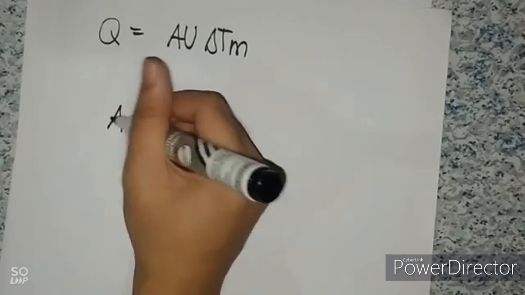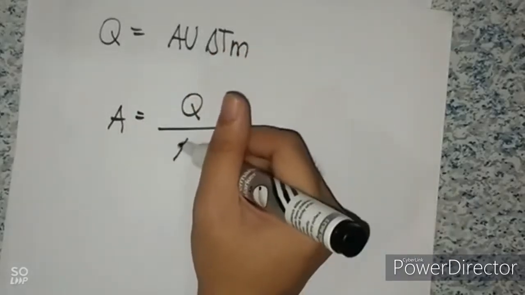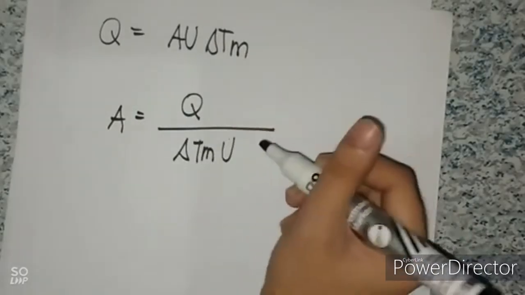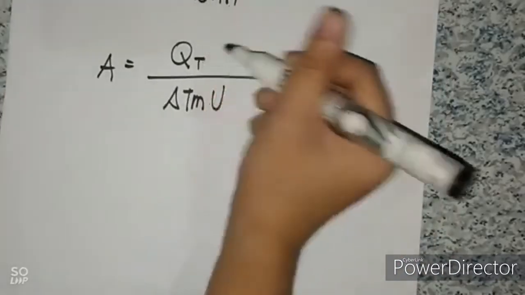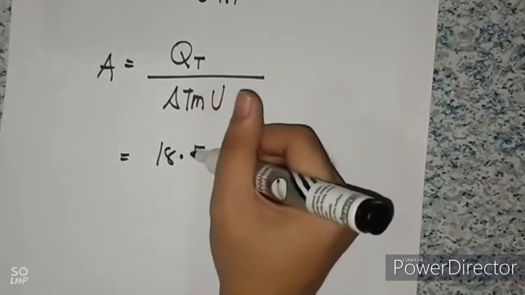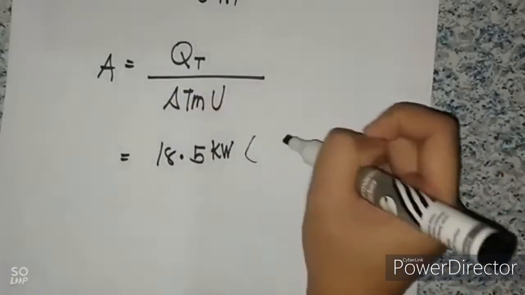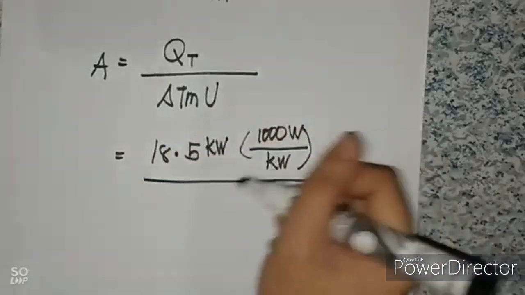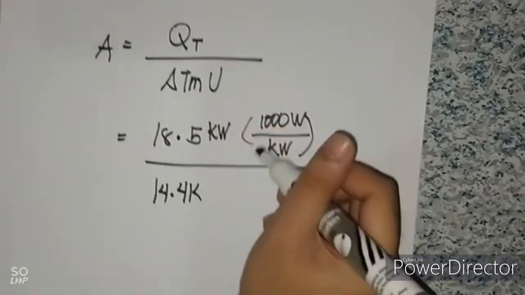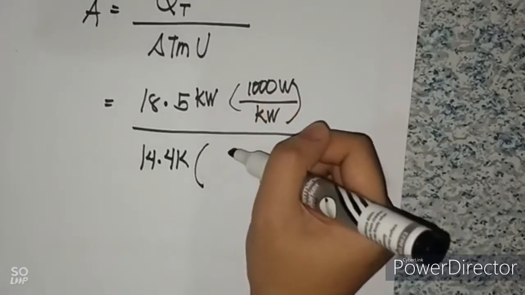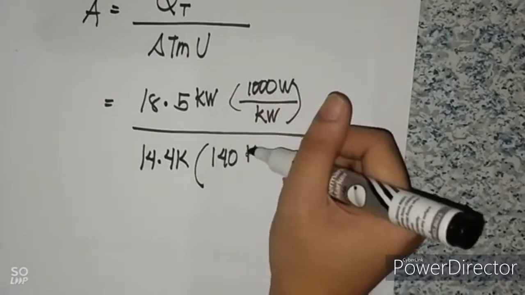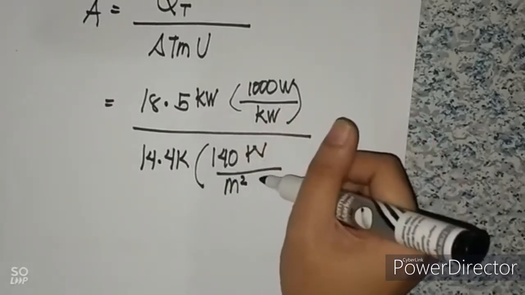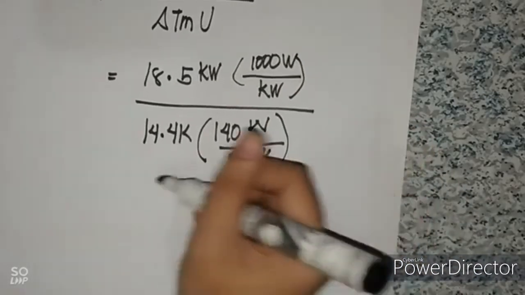Since Q equals A U delta Tm, we get the value of A by dividing Q over delta Tm times U, the overall heat transfer coefficient. Substituting all the values: 18.5 kilowatts, converted to watts using 1000 watts per kilowatt, over the value of delta Tm, 14.4 Kelvin, times the value of U, which is 140 watts per meter squared Kelvin.